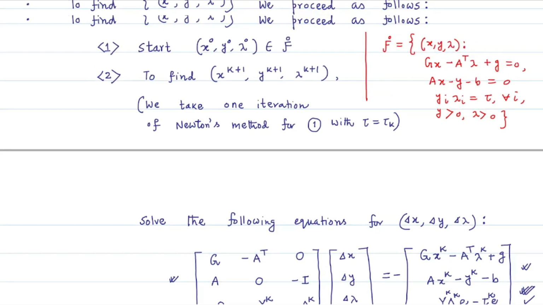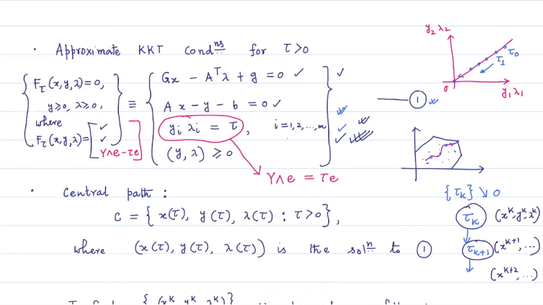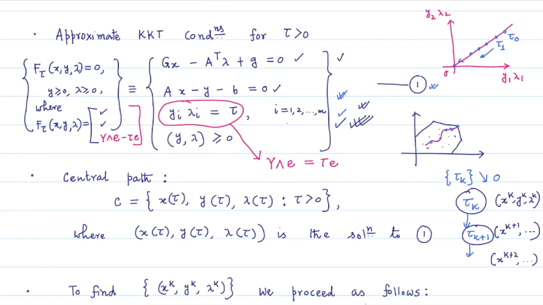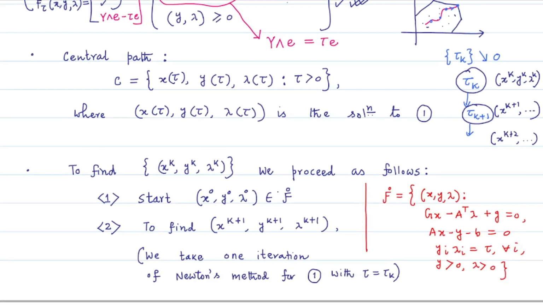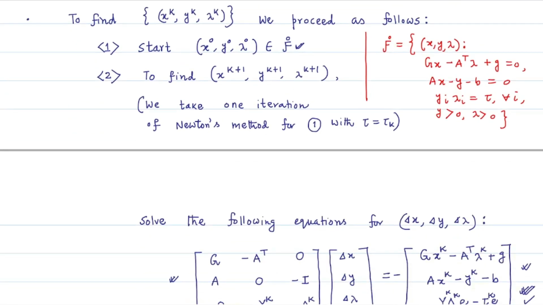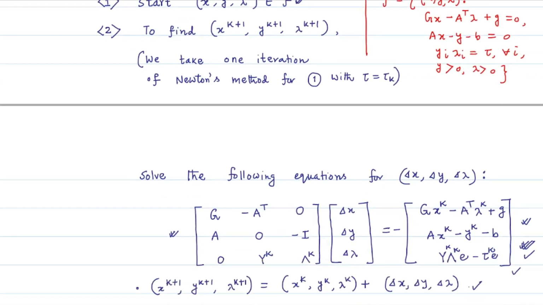So to find a solution of the original KKT system, what we do, that we take a value of tau naught and take an initial point that is lying in the set f naught, then take just one iteration of the Newton scheme for the approximate KKT system with tau is equal to tau naught. Then find your delta x, delta y, delta lambda.